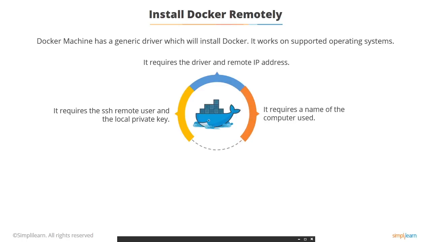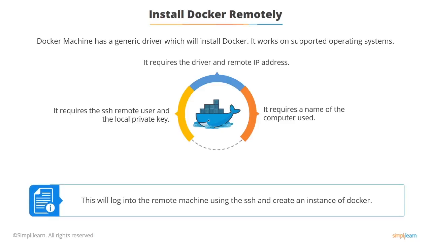And then the HP at the bottom is just the name of the computer that I happen to be using at the time. What that will do is basically log into the remote machine, the Docker machine will, using SSH, and it'll create an instance of Docker. It'll actually install the Docker server and set it all up on that machine, which is really neat.